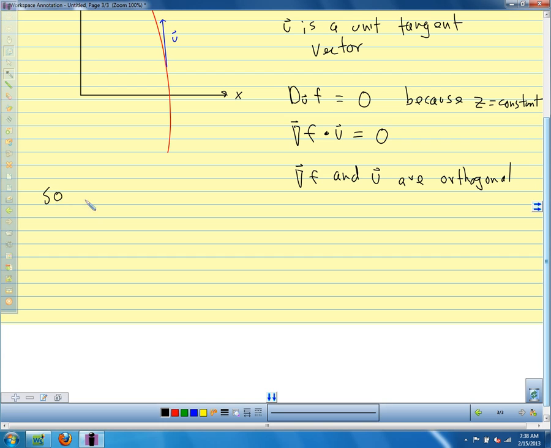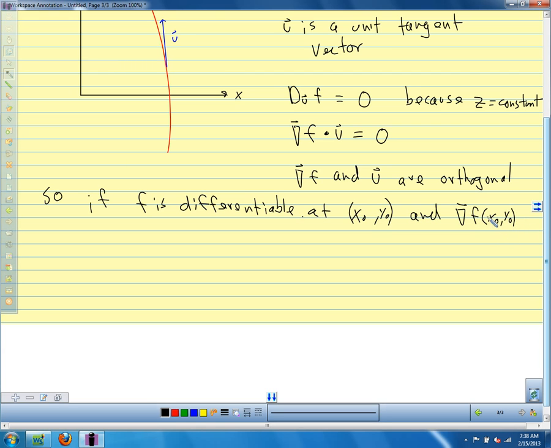Our condition is, if f is differentiable at some point, and we want del f not to be 0 there.